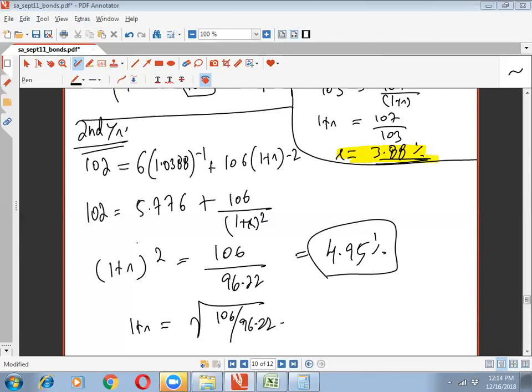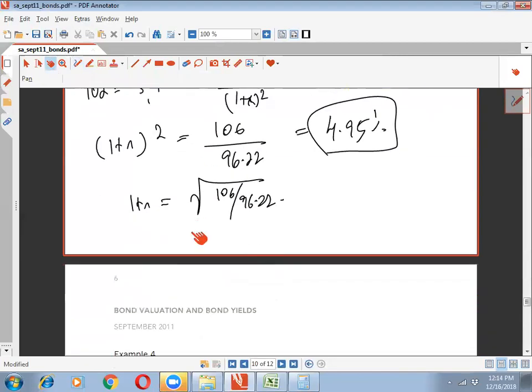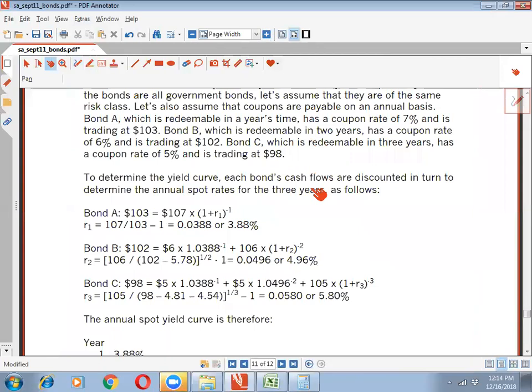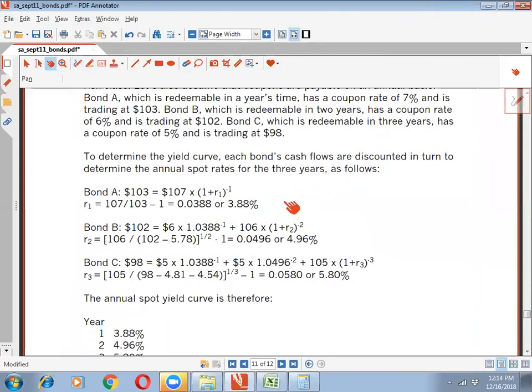Okay, is that fine? You would apply the same concept to establish the yield curve for year 3 also. We already have this example solved here. This was actually 4.95 or 4.96%. The writer of this article had solved it, but at times it becomes difficult for a student to understand, so that's why I decoded this whole example. End of the day, you've got bond A 3.88%, bond B 4.96%, then you would have estimated 5.8.